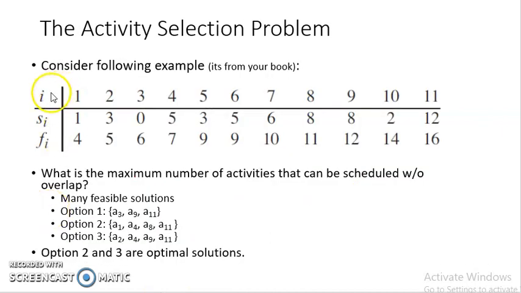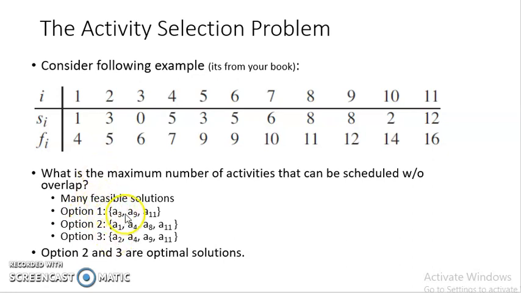Consider this example. You are given a list of 11 activities. You have a starting time of every activity and the finishing time of activity. Now, you have to keep in mind that you have to schedule the classes in such a way they do not overlap. Now, consider this first option.